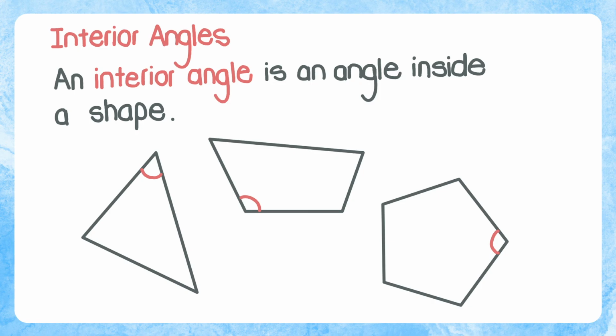In the previous lesson, we focused on interior angles of triangles. Today, we will take it one step further and look at interior angles of polygons. In the last lesson, we talked about how an interior angle is an angle inside a shape.